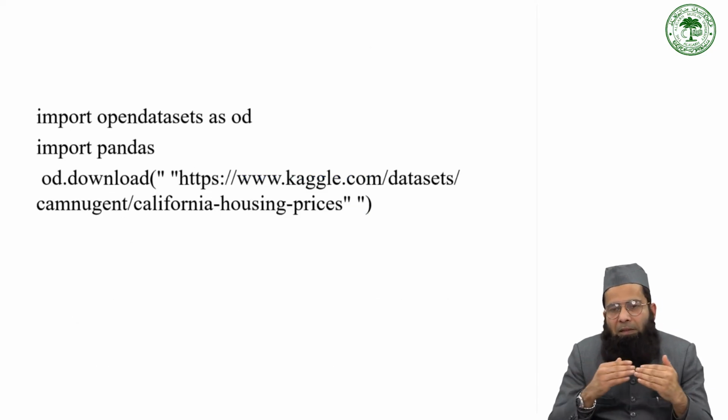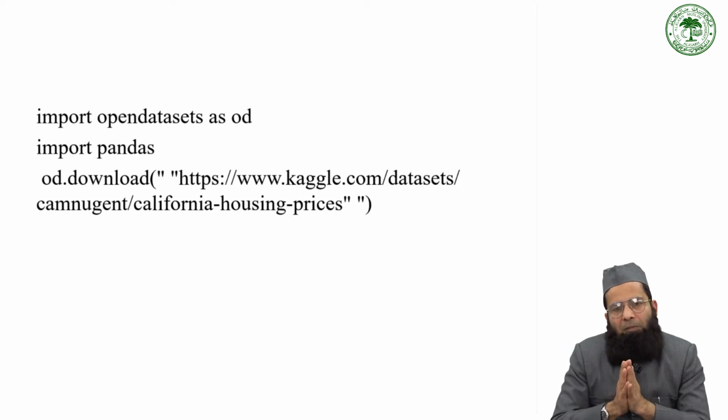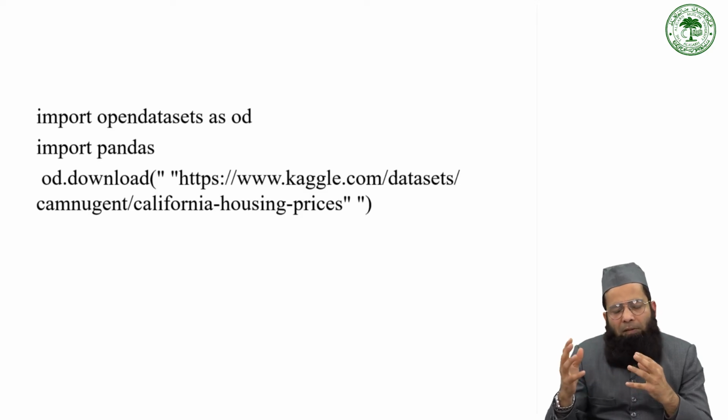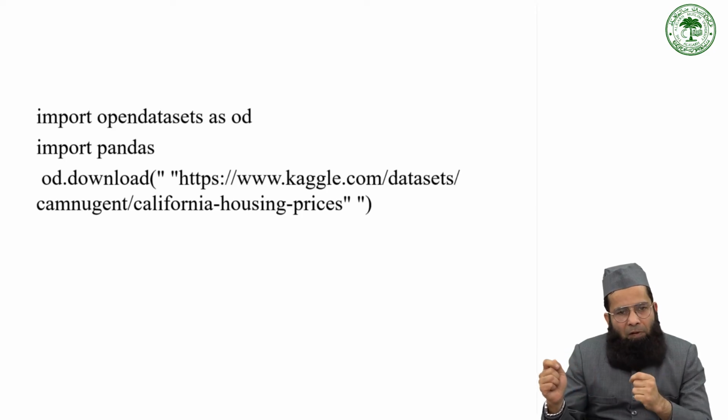So we'll see how we can access a Kaggle dataset. Suppose I am accessing California housing price, a dataset that is there in the Kaggle repository. If you want to access any dataset, first you need to install the opendatasets package in your Google Colab environment.